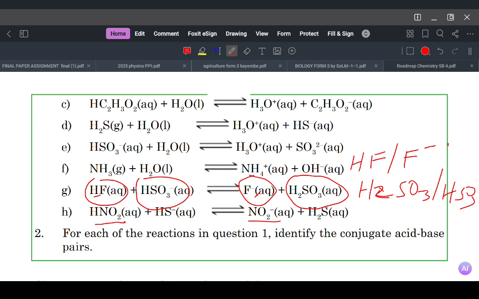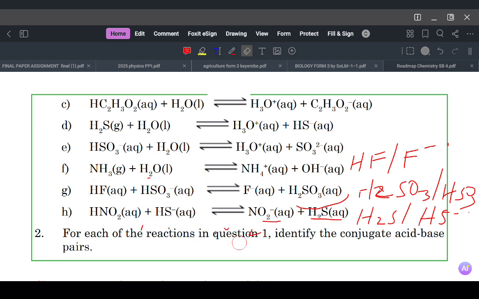So the pair therefore will be HNO2 stroke NO2-. The other one, this one has the most hydrogen, therefore it will come first. So we have H2S stroke HS-. All right, so these are just additional problems for you to master the writing down of conjugate acid-base pairs.